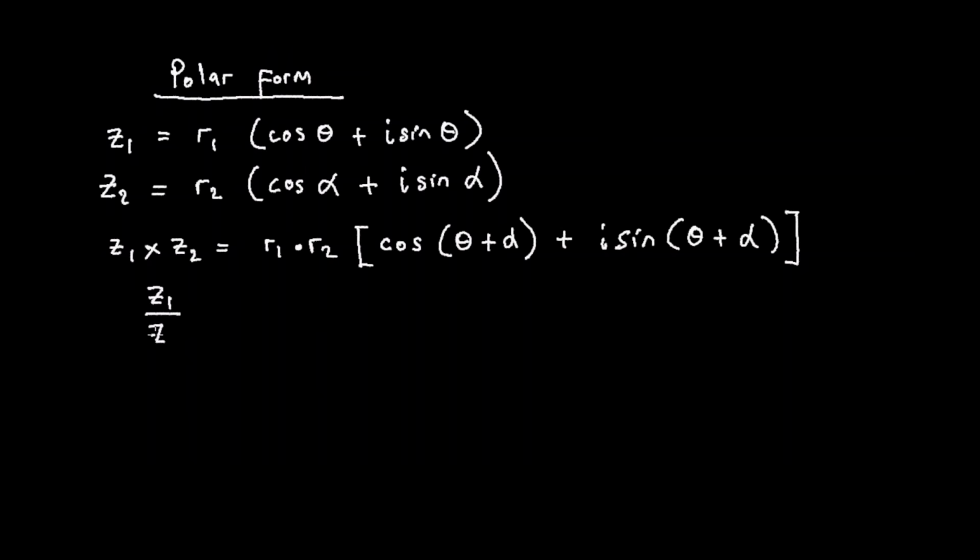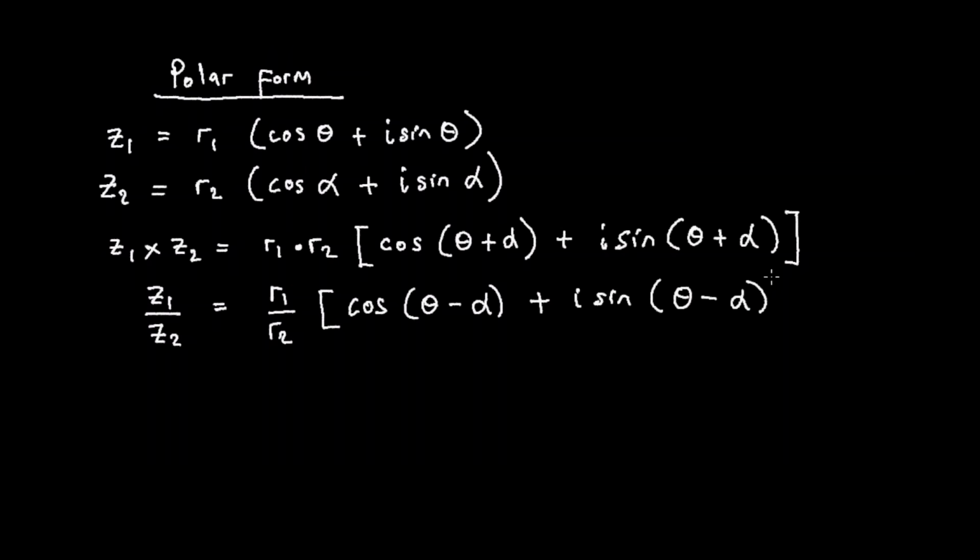What about division? z1 divided by z2 would then be equal to r1 over r2, like that. Then what changes here is we have cos of theta minus alpha instead of plus, and then the plus stays, and we have i sine of theta minus alpha, like this.